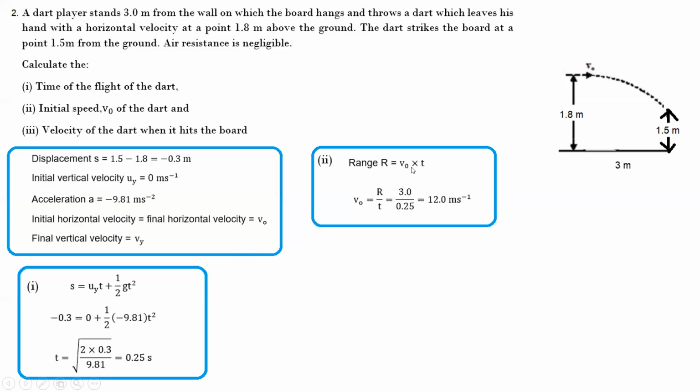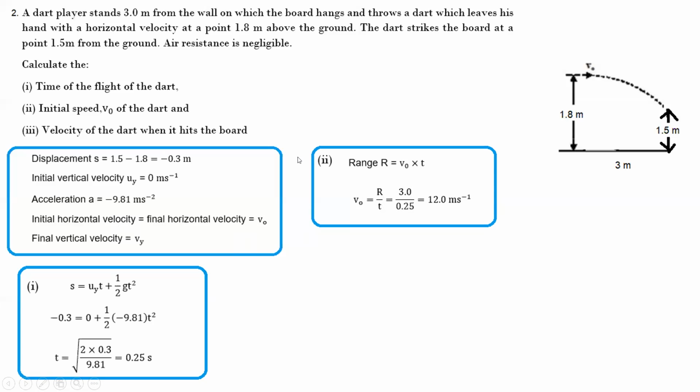Make V naught the subject. That is equal to range over time. Range is 3 meters and time of flight is 0.25. You will get the answer as 12.0 meter per second.